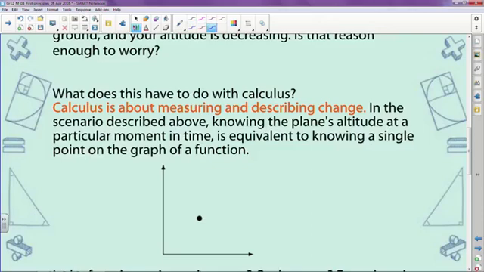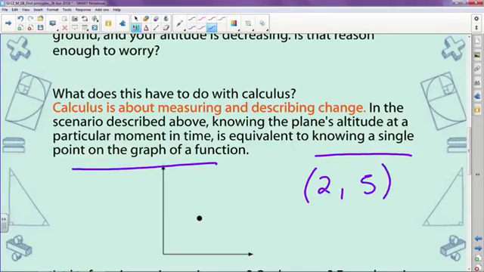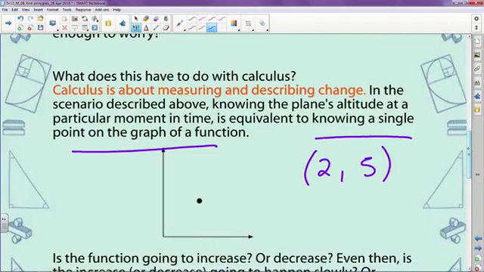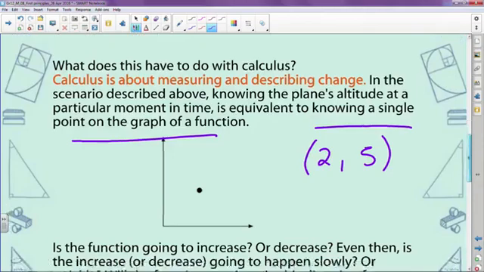It's equivalent to knowing a single point on the graph of a function. So for example, if I tell you the point 0.25 is on a graph, does that tell you anything? Does it tell you what the shape of the graph is? It's not the whole story. There's more to it. The question that comes next is this function, if we're talking about a function, is it going to increase?